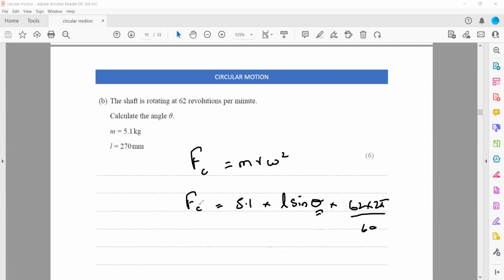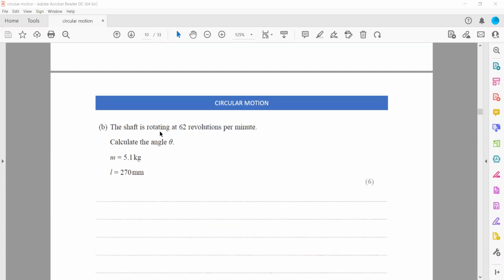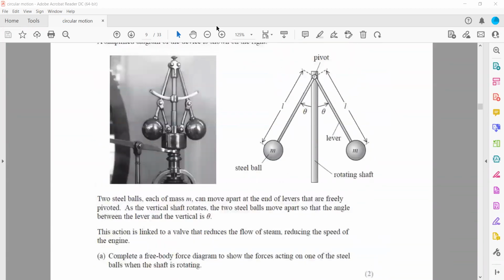Now, what about the centripetal force? How to work out the centripetal force in this example? So the weight of this ball is acting downward. And if we continue this line, these two angles will be the same.